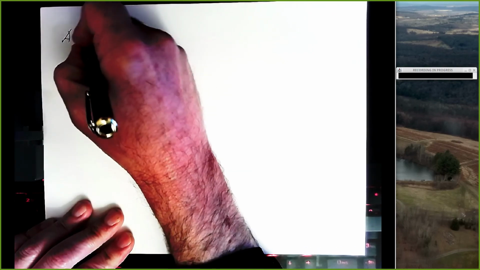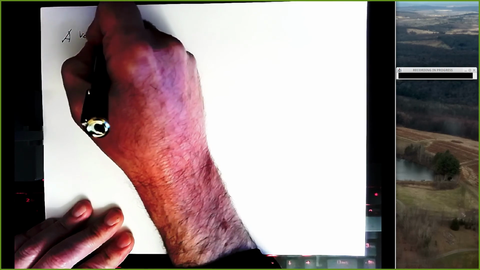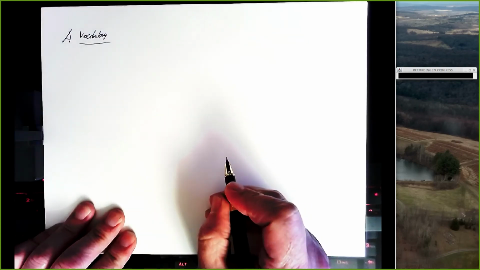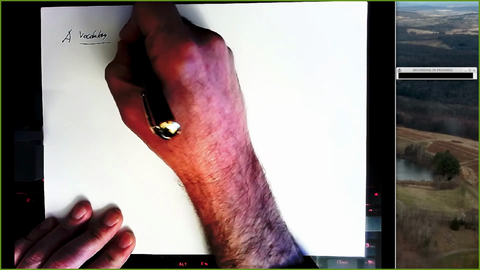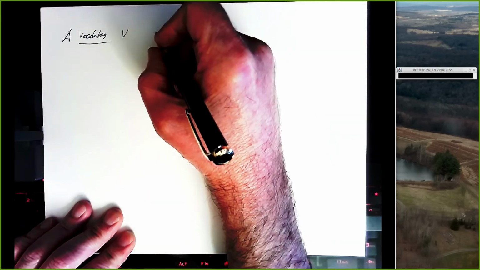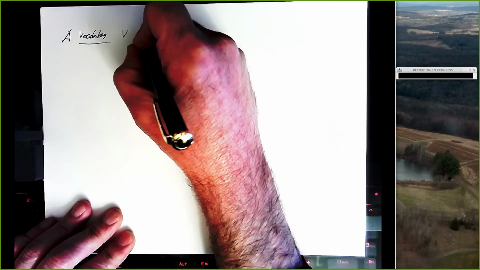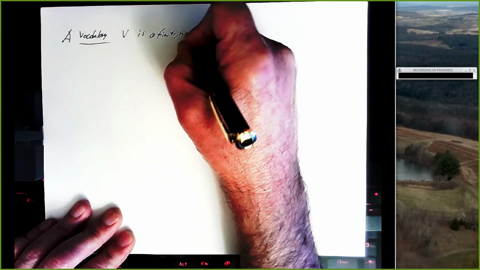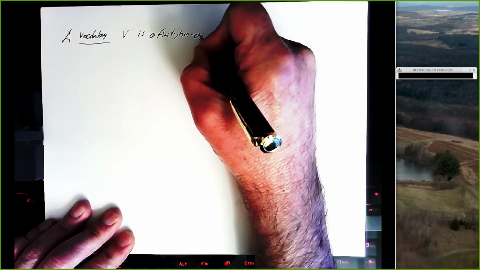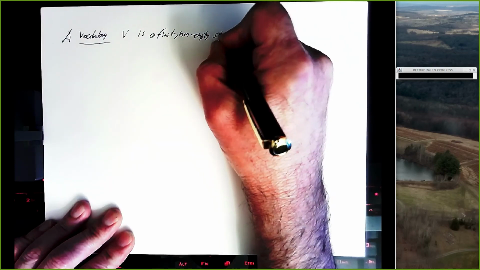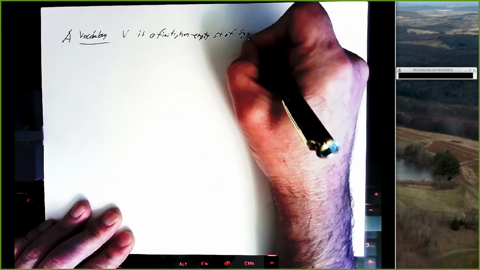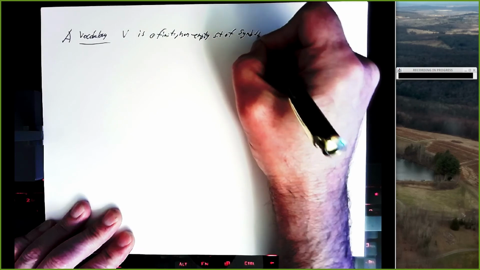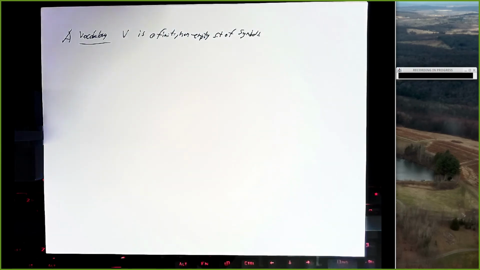So a vocabulary, V, is a finite non-empty set of symbols. So vocabulary is a finite non-empty set of symbols.